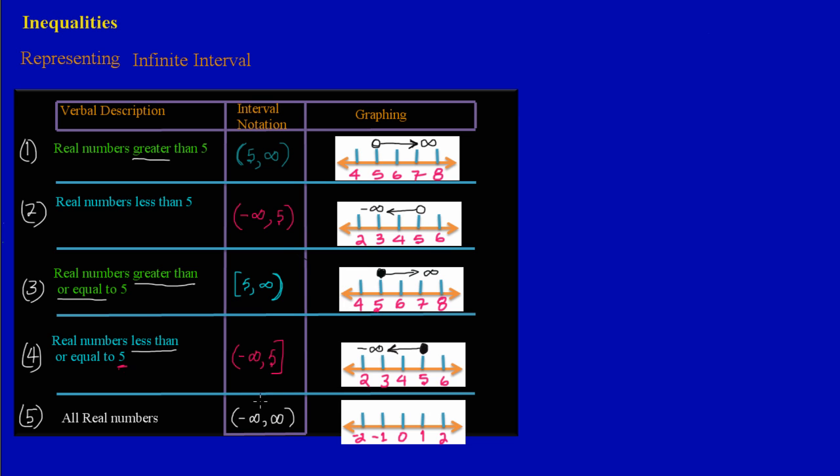For example, in the first case, it said it was greater than 5. You notice I used a parenthesis to show that 5 wasn't included. And also when representing on my number line, I had to use an open circle to show that the value 5 wasn't included. When the number is included, like for example when we have greater than or equal to, we have to use a brace or a square bracket to show that the number is included.